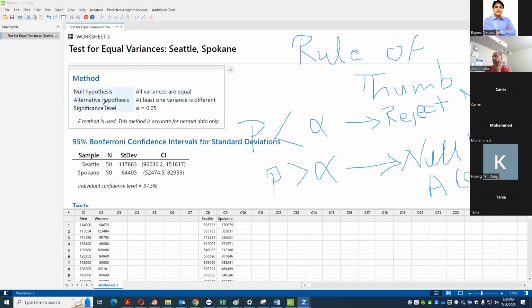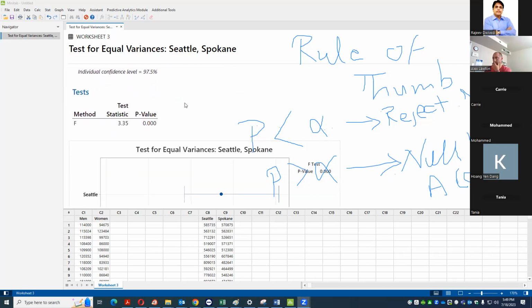Here the null hypothesis is that all variants are equal. This null hypothesis is not accepted because the p-value is less than the alpha value. That means all variants are not equal.